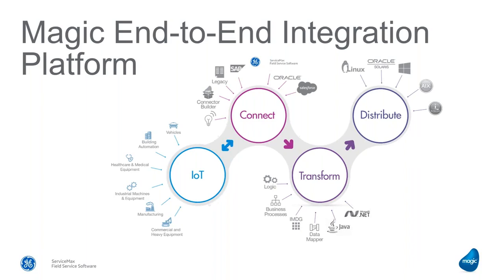So end-to-end integration is not only the movement of data, but the orchestration of this data along several phases to create a business process that will actually produce true value for your organization.